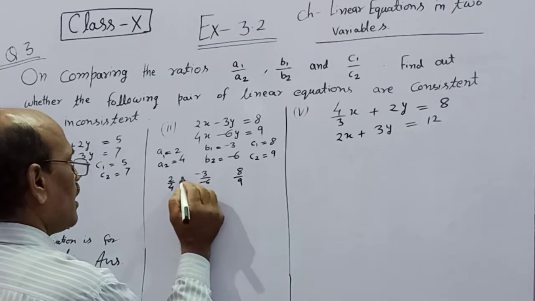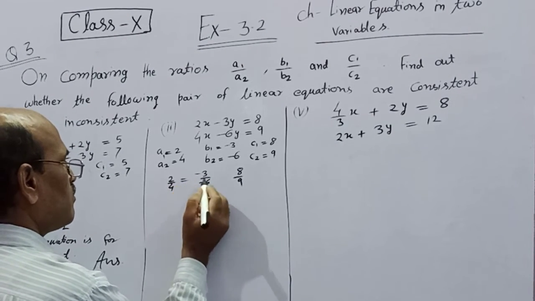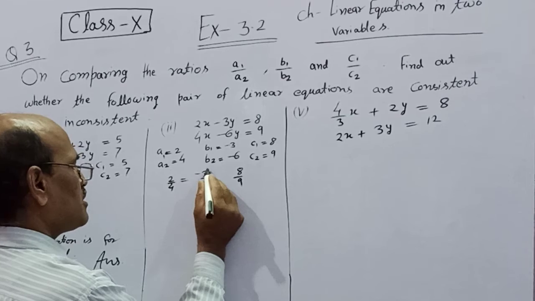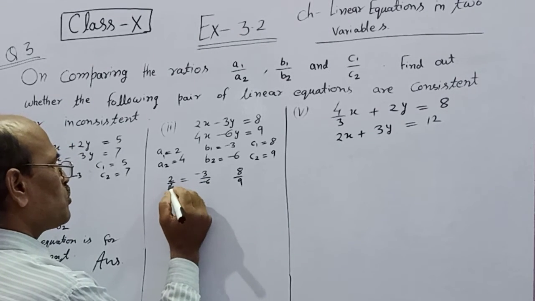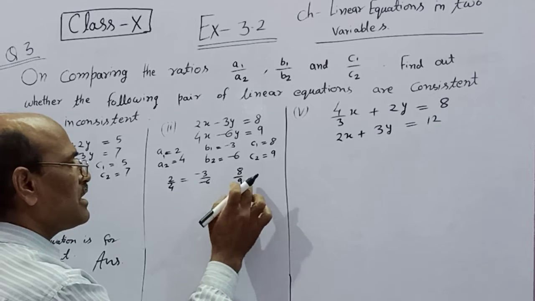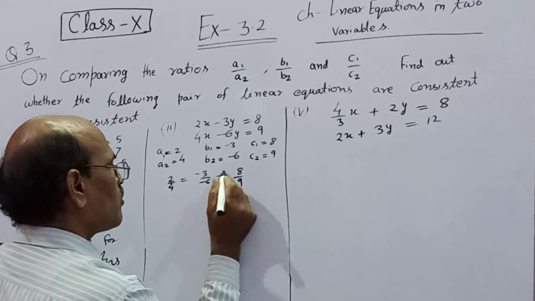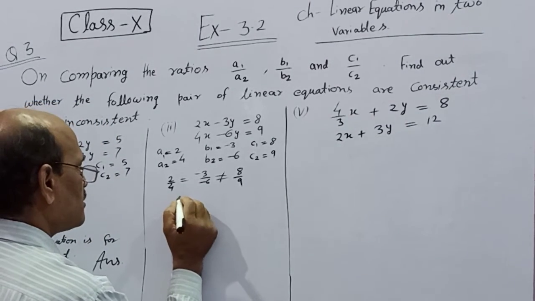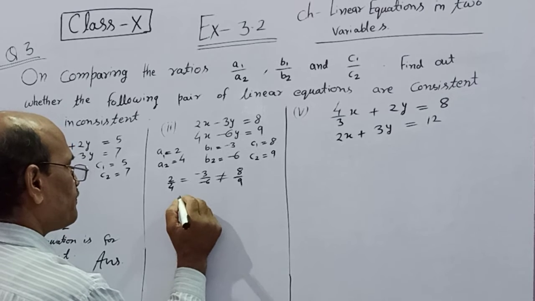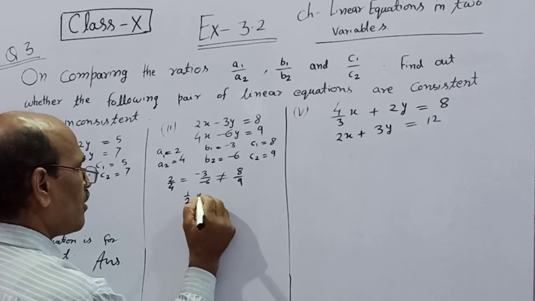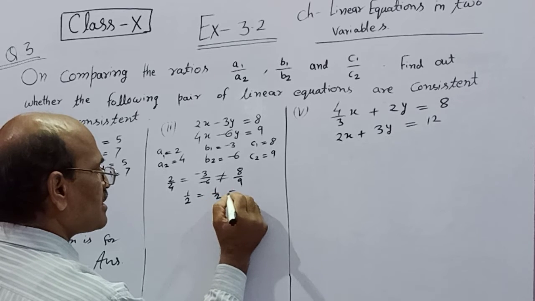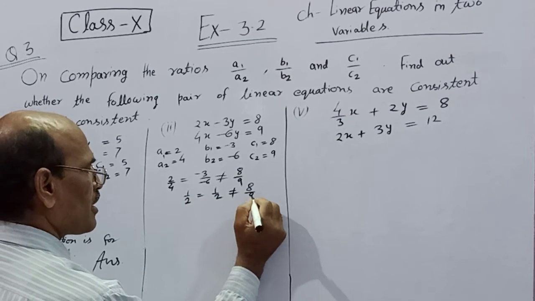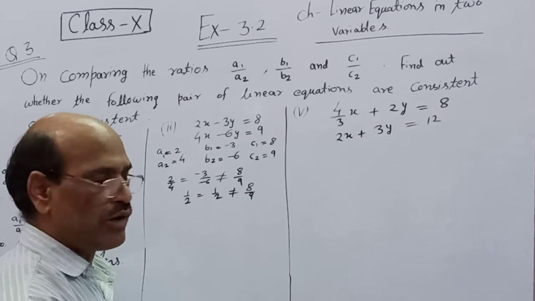2 upon 4 and minus 3 upon minus 6, both are the same, because after cancellation, 2 upon 4 is 1 upon 2 and 3 upon 6 is 1 upon 2. Both are the same, but 8 upon 9 is not equal to 1 upon 2.